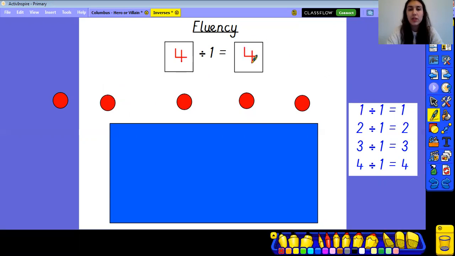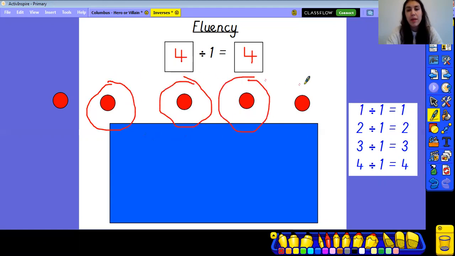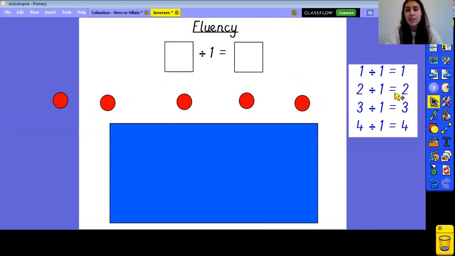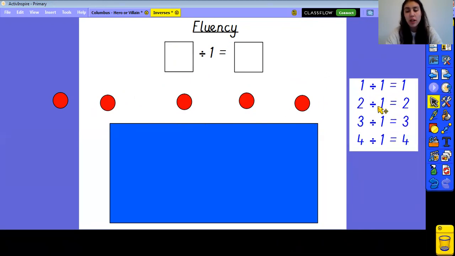So even if we looked at it in terms of a grouping, then we would see here that I can only make a group of 1 for each of the counters that are in my whole. So from this, we've learned that when we divide a number by 1, our answer is the same as the whole that we start with.